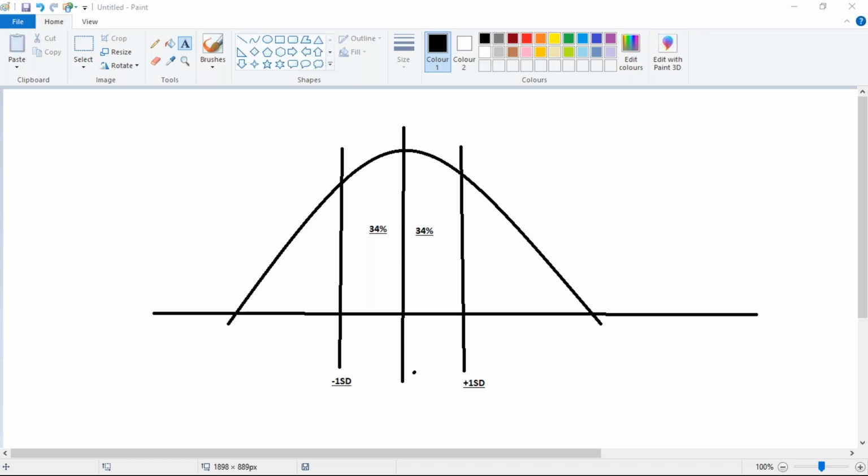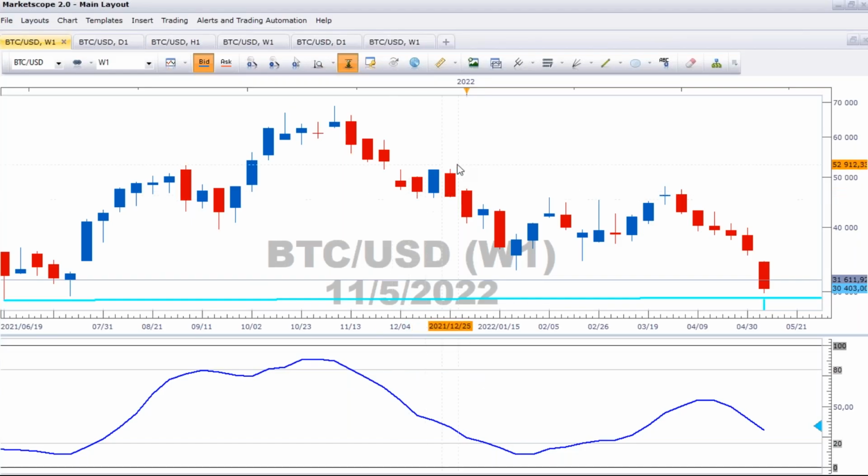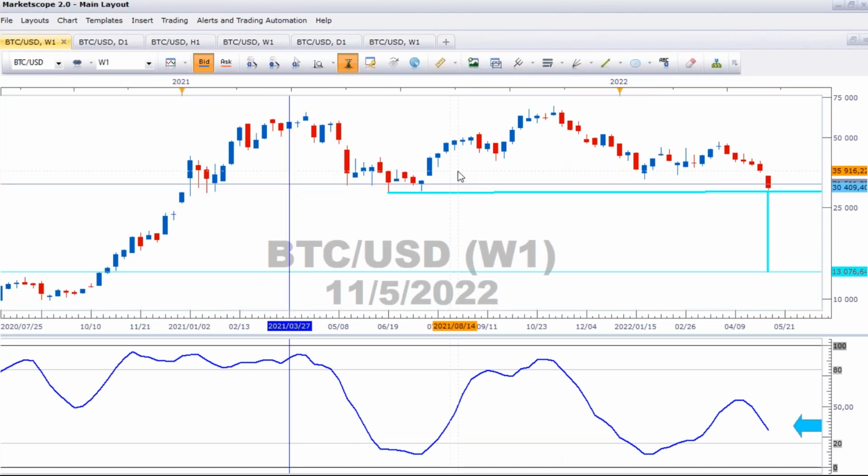Having said all of that, let's bring up the chart. Here is our Bitcoin chart. There's a lot happening on this chart.